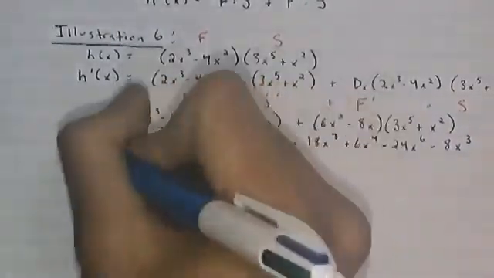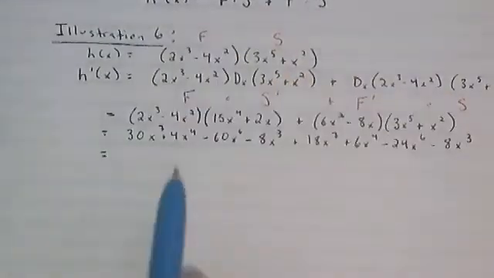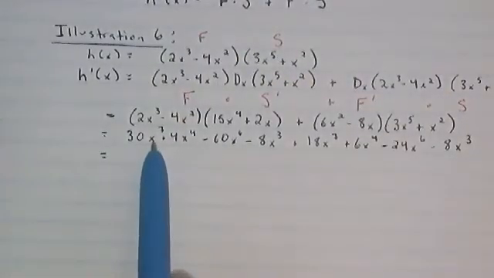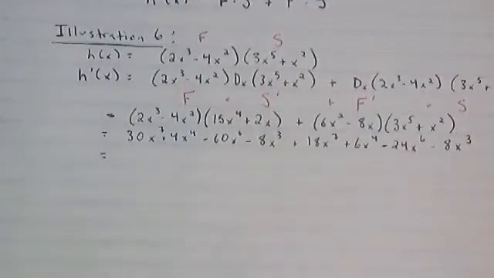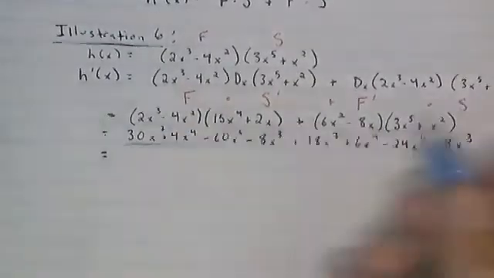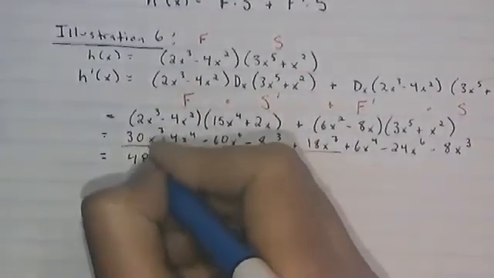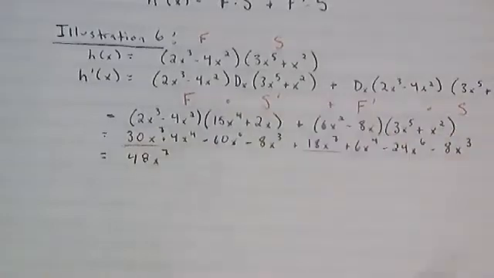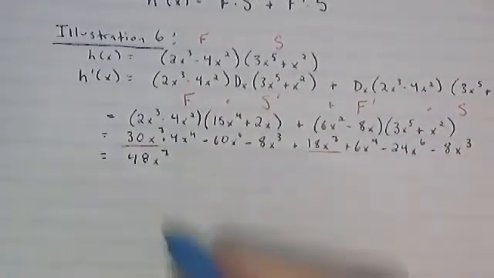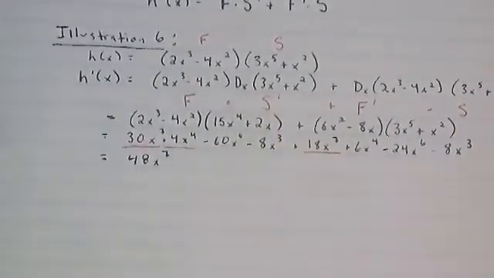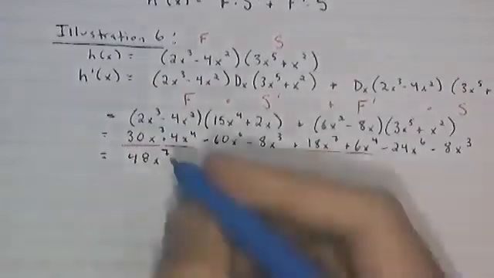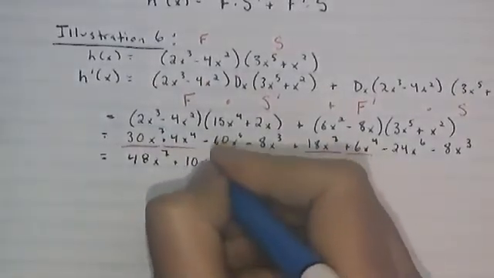Let's hope there's some like terms in here. My x to the seventh terms are 30x to the seventh, 18x to the seventh. Pretty sure that makes 48x to the seventh. My x to the fourth terms are 4x to the fourth and 6x to the fourth. That's like 10x to the fourth.